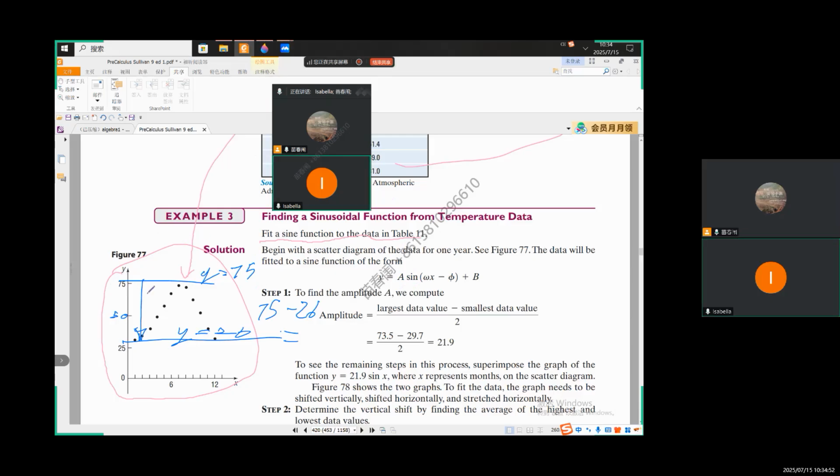Oh, this one, let's see, this is 39, and 39 times 2 equals 78. Wait, 39 divided by 2, right? No, because that's the distance. Why would it be divided by 2?